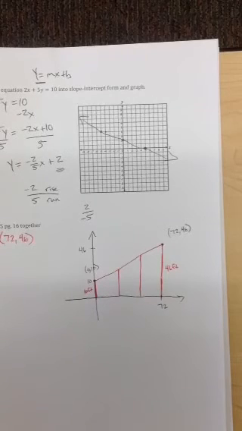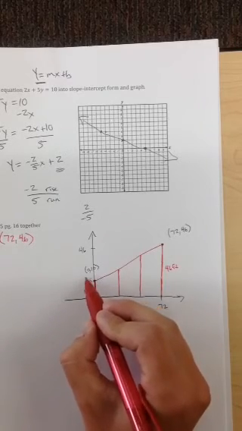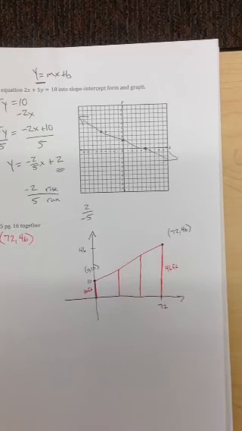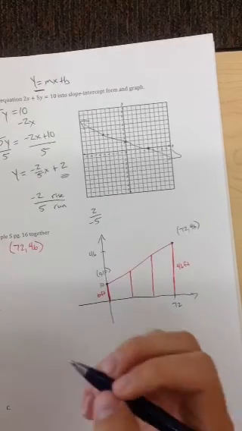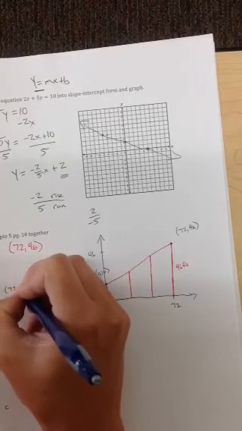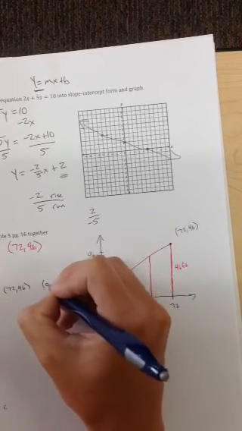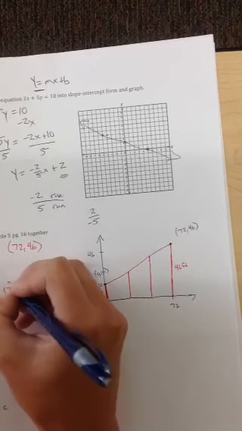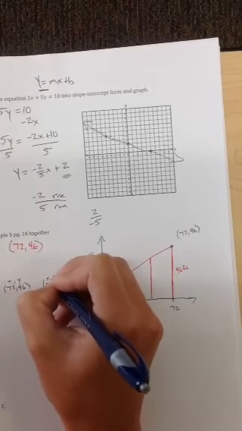Then the next one says, find an equation for the line modeling the slide. So we need to find an equation for a line, and we know that the slide is going to cross at (0, 10) and also at (72, 46). Having 2 points, we can figure out a line, just like we were doing. We want to start with slope. Our points are (72, 46) and (0, 10). We've got x and y, x and y.